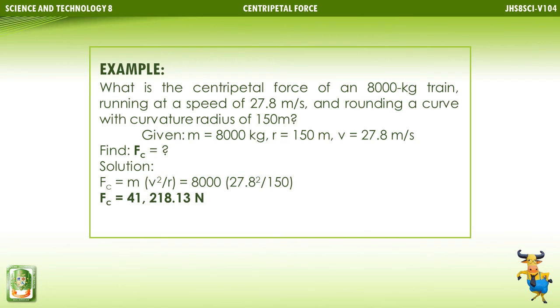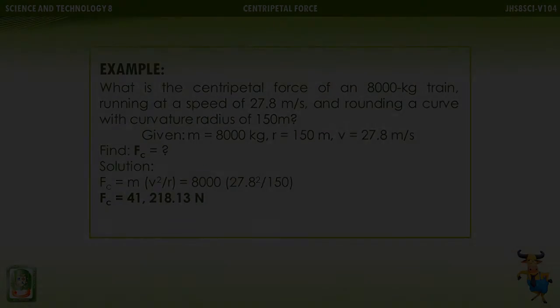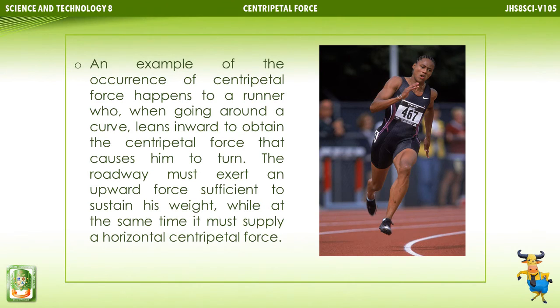Solution. F sub c equals m times v squared divided by r, equals 8,000 kilograms times 27.8 squared meters per second, divided by 150 meters. Centripetal force equals 41,218.13 newtons.